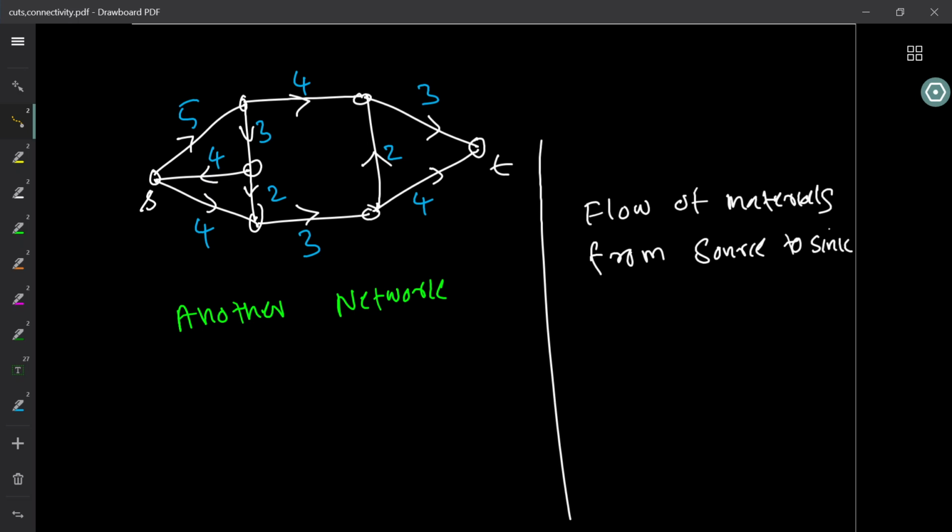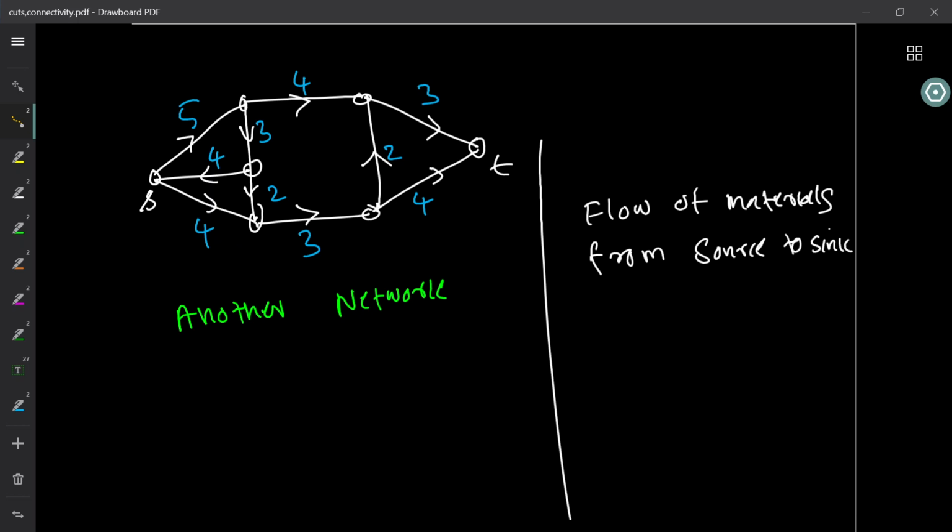Now, the idea is to find the maximum amount of things that can be transferred from S to T. Now, how do you do that? We want to assign what we are going to transport. The main problem is that suppose I send 5 units through this arc, and 4 units through this arc.